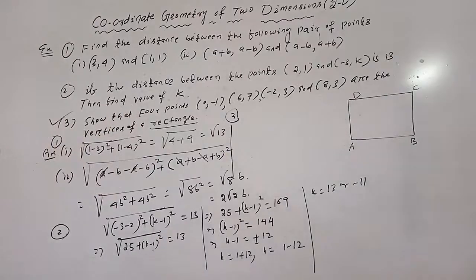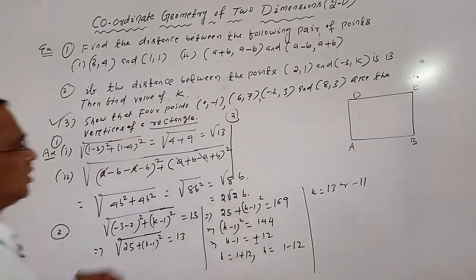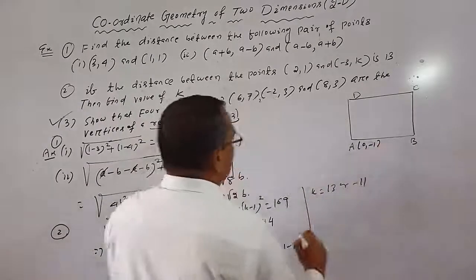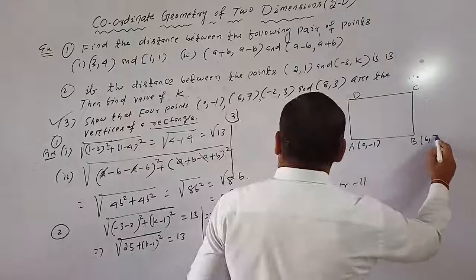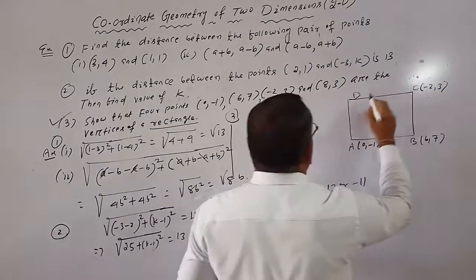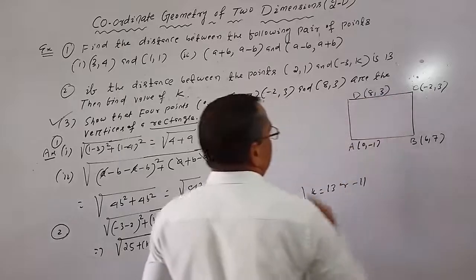So let A, B, C, D be the vertices of a rectangle taken in order: A (0, minus 1), B (6, 7), C (minus 2, 3), D (8, 3).